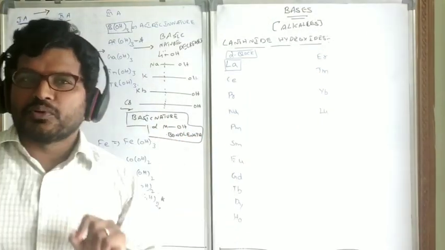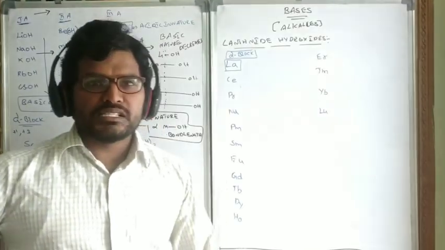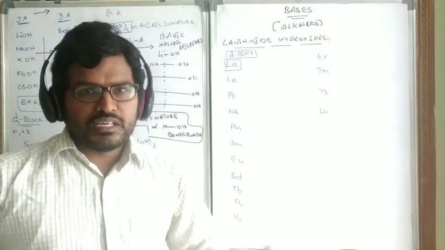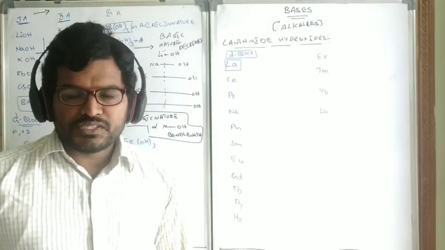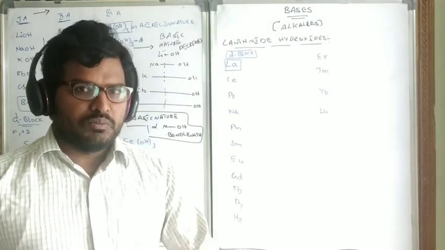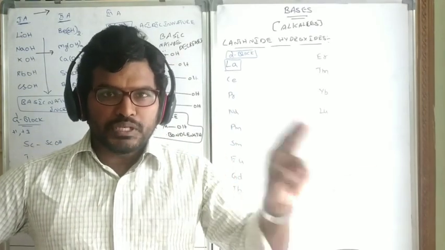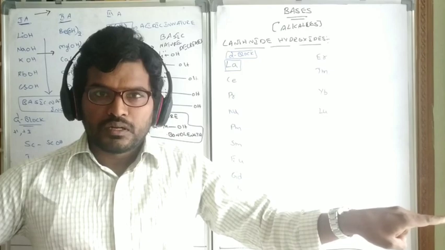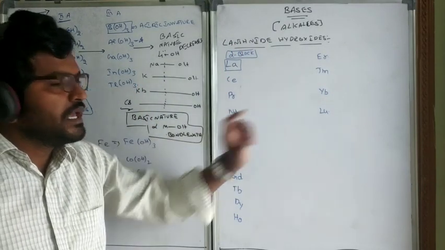This is a very important question, because normally lanthanides are considered as F block elements with lanthanum included, and actinides are considered as F block elements only. But originally lanthanum and actinium belong to which block? D block. Only the remaining elements belong to the F block.